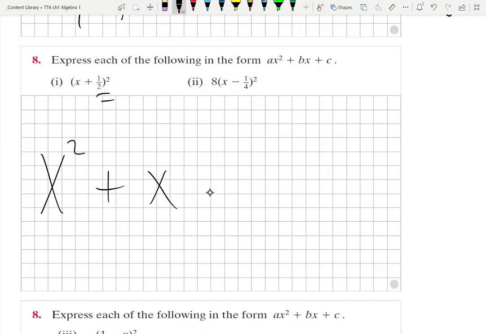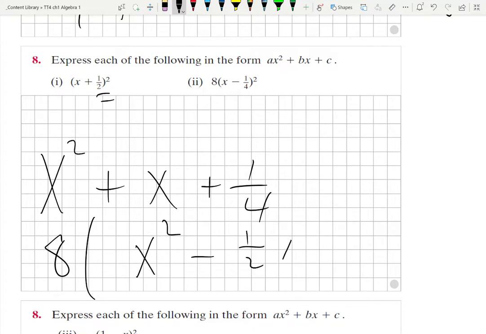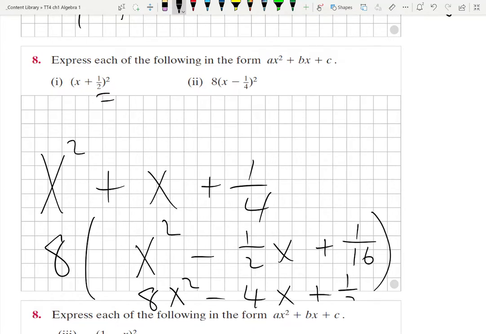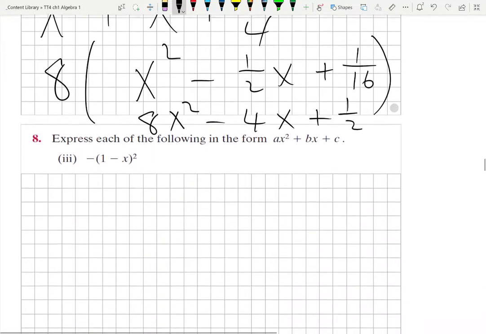And square of a half is a quarter. Park the 8. Double the quarter is a half. Squared a quarter is plus 1/16. And then come in with your 8. Park the half.